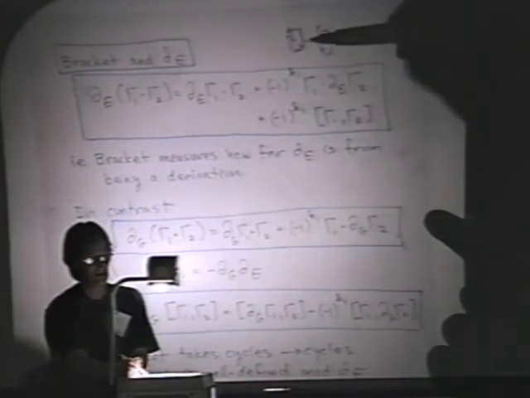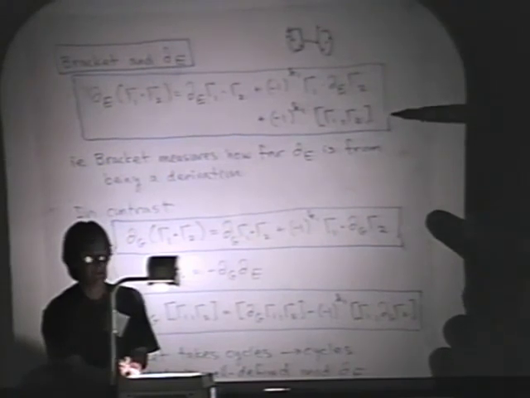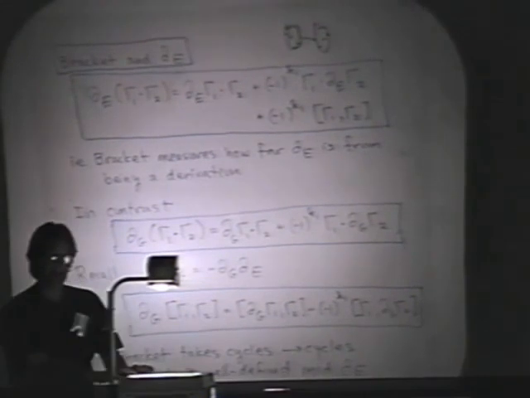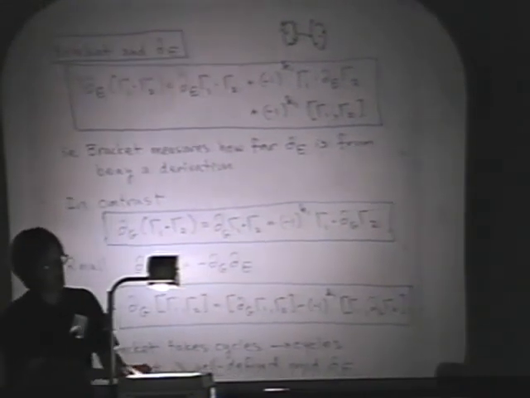The dotted lines across the graphs are the bracket. So what boundary sub E bracket is, it measures how far boundary sub E is from being a derivation. In contrast, boundary sub G really is a derivation.